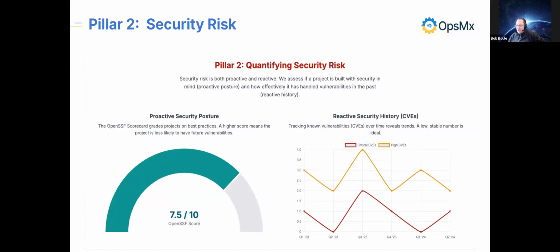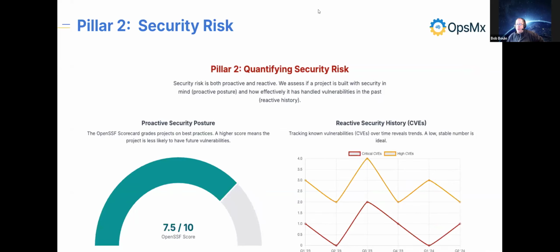I think here we need to think about security in two ways. One is the tactical: what is the security posture of this thing right now? But looking at what the security posture is over time will give you a sense for the level of engagement and the level of seriousness taken around security issues.